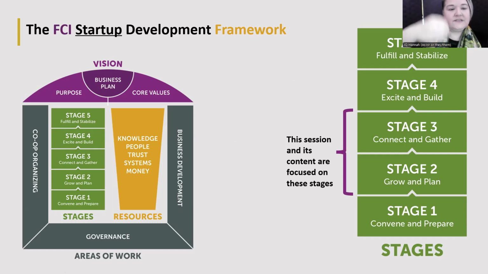The stages are the steps, the milestones we must move through to get to that vision. The resources are the things that we need to do all the work through the stages. And then you have on the outside, this gray rim that's called the areas of work: co-op organizing, governance, and business development. Those are the work you're doing in each of the stages with those resources to get to that vision.